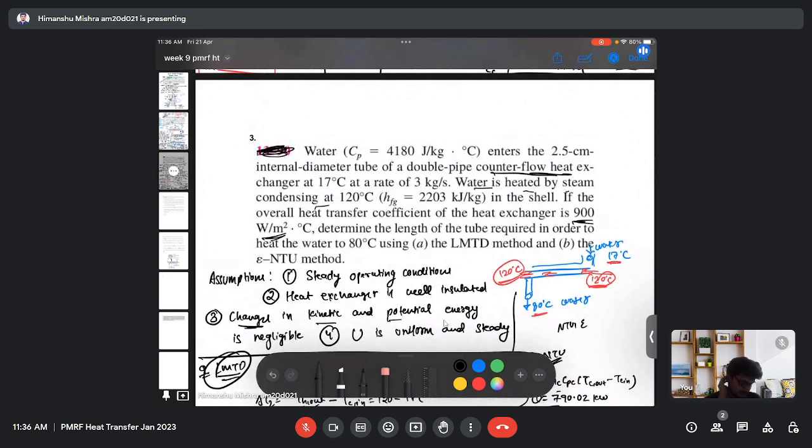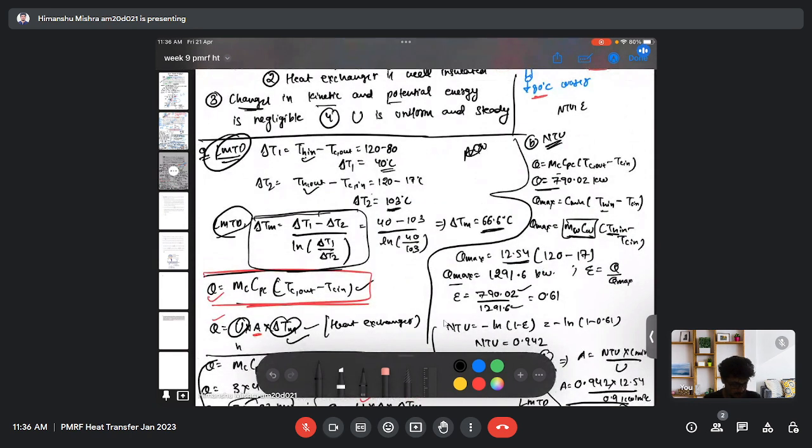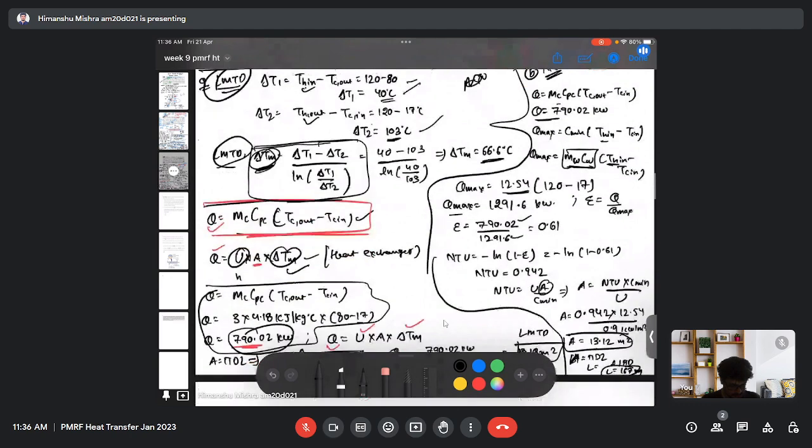So we need to calculate the length of the tube by using the LMTD, log mean temperature difference method, and the NTU method. First we use the log mean temperature difference. We calculate del T1 and del T2, then the log mean temperature difference. Then we calculate the actual heat transfer, using the properties and temperature of the cold fluid. You can also use the hot fluid if there is a temperature change for it.